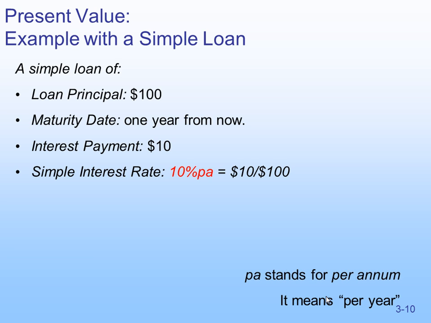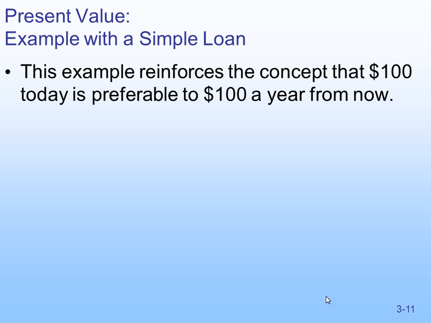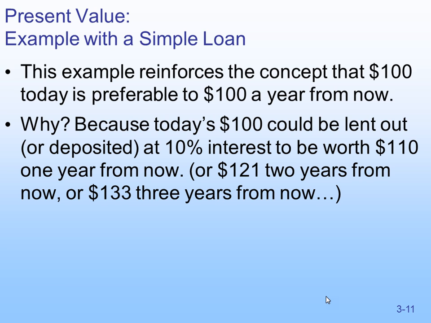All right, so this example reinforces this concept of present value because it shows you that $100 or ichiman today is usually, under normal circumstances, going to be preferable to the same amount of money a year from now. Oh, my clicker doesn't work back here. Okay, why? It's the reason that Jonathan and Koji and some of you said: if you had that money today, it could be lent out to somebody else, or it could be deposited at whatever is the prevailing interest rate.